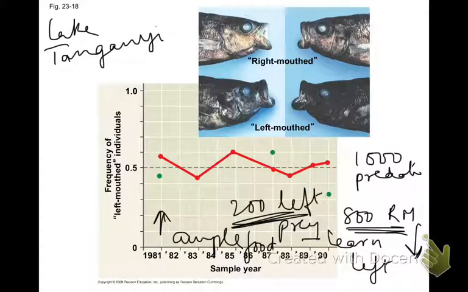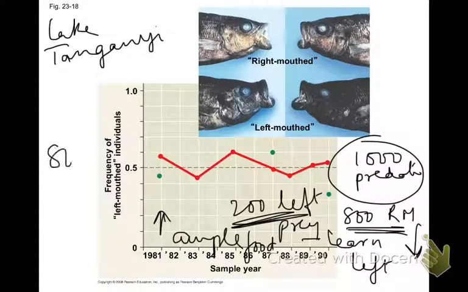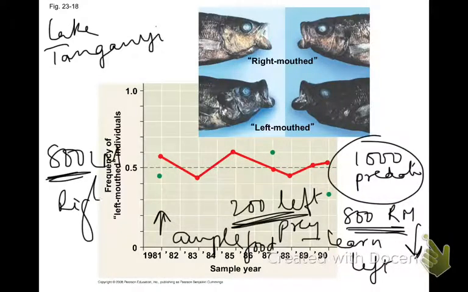So in the next season, out of the 1,000 predators, more of them have become established in that population, which means 800 of them are left-mouthed, and now the prey population learns to swim onto the right side, which means they decrease in number and the right-mouthed fish increase in number, which is what this graph explains.